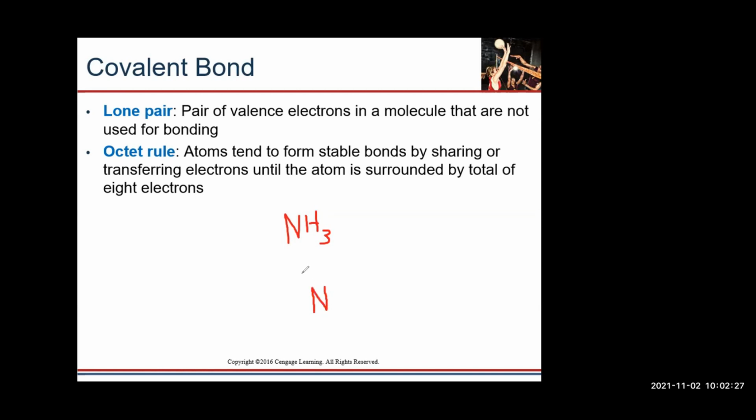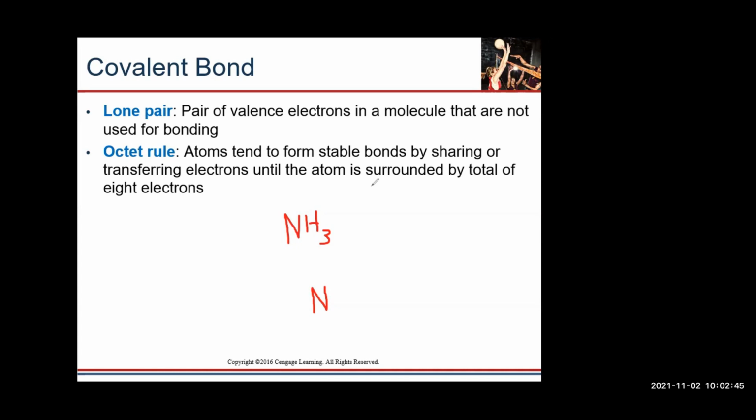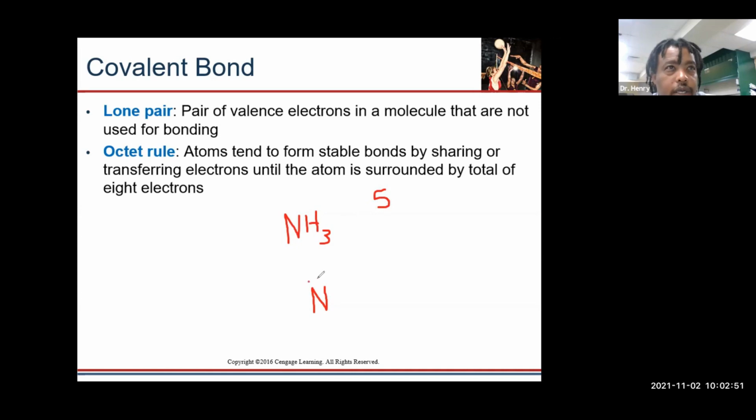Okay, how many valence electrons does nitrogen have? Is it 5? That's right. So that's 1, 2, 3, 4, 5.